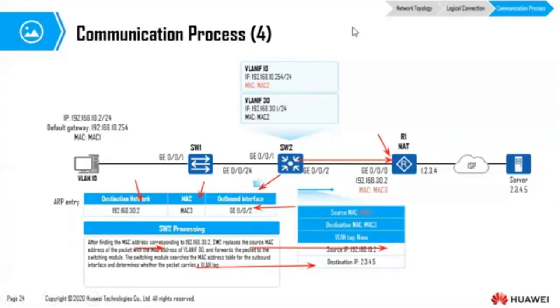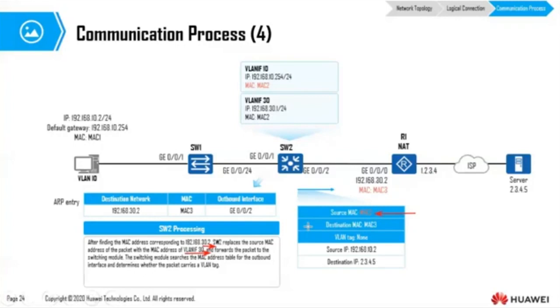As you can see, switch 2 processing. After finding the MAC address corresponding to the next hop, switch 2 replaces the source MAC address of the packet with the MAC address of VLANIF 30 and forwards the packet to the switching module. So the source MAC address now is the MAC address of VLANIF 30, the outgoing interface.